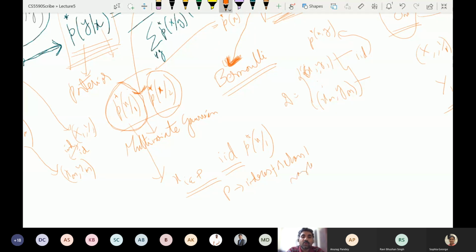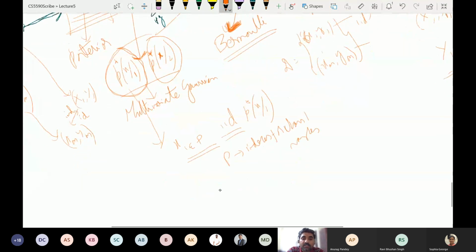They are IID from this. Note that (xi, 1) is not IID from this distribution, because this distribution only outputs elements of the form x. This is like (x, 1), so this cannot be generated from x given 1. So the corresponding inputs alone will be generated by this. You can show that they are IID samples from this distribution.